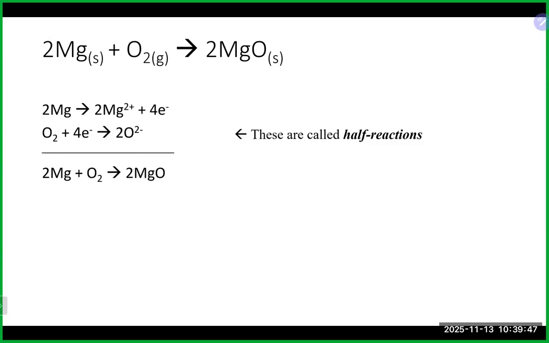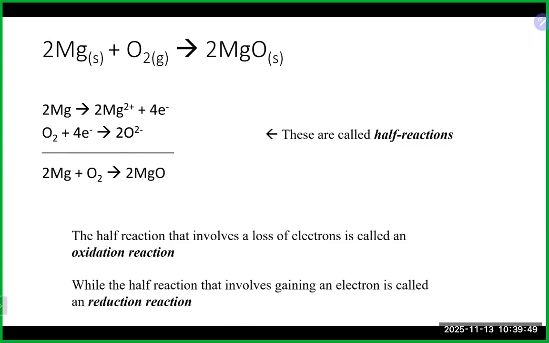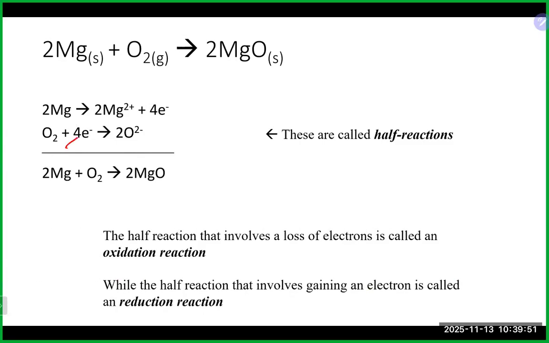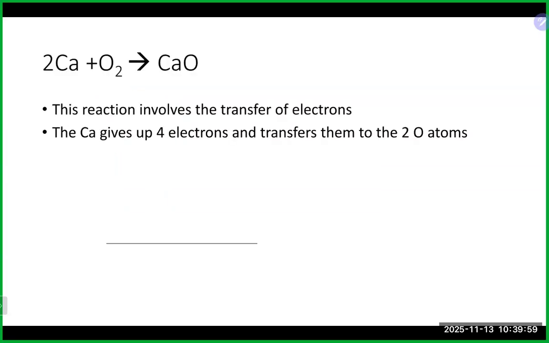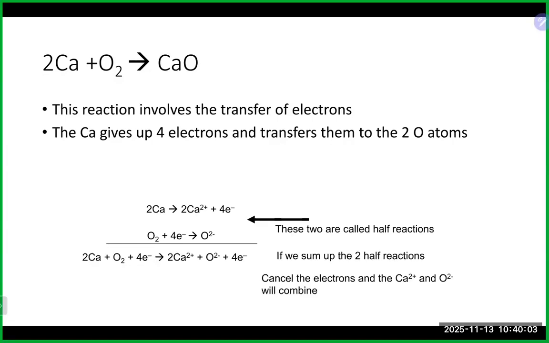And again, that's what we see here, our half reactions adding back together, combining those, and these two ions will come together to make our ionic compound here. We take a look at another example here, calcium oxide. This is 0, this is 0. This is going to be +2 and -2.